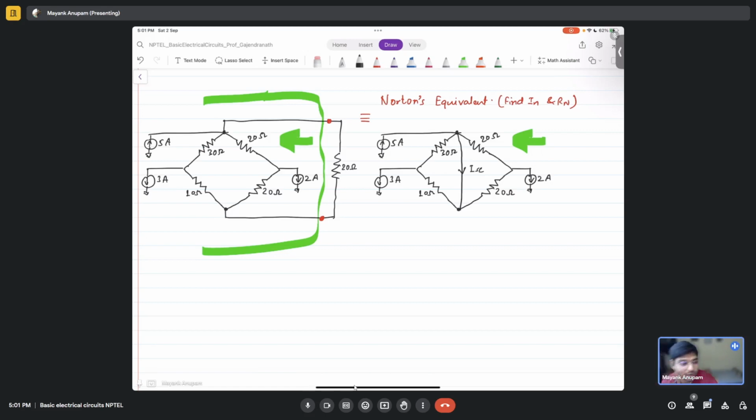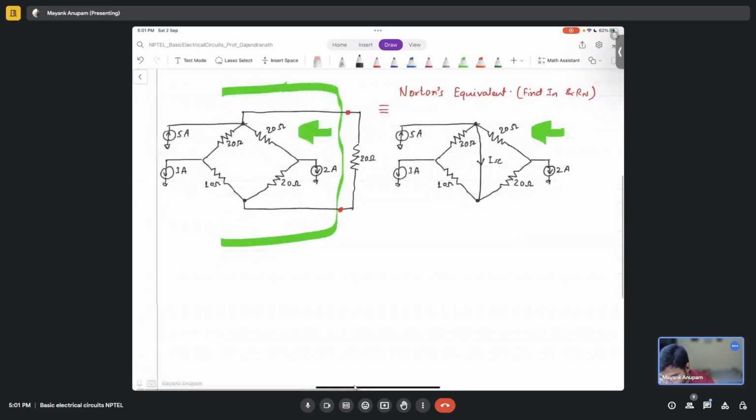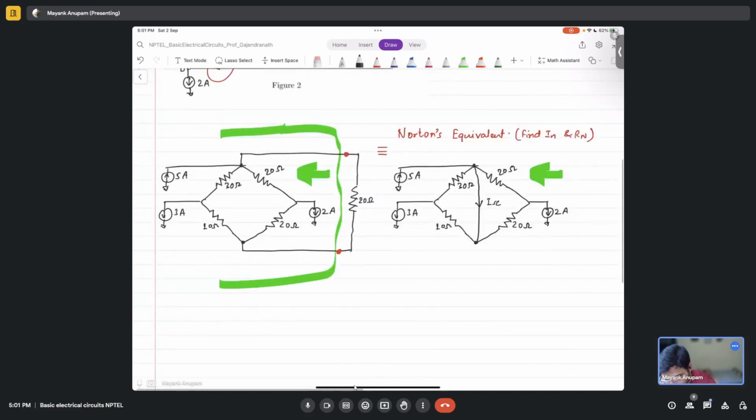How will you find out ISC? So what will you do? Node analysis, mesh analysis, or is there something even easier here? What do you think I should do? How will you find out ISC?